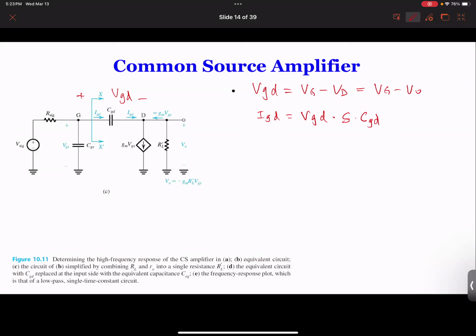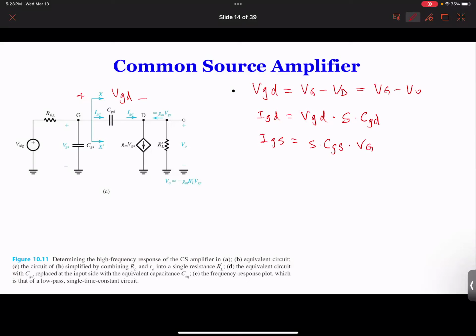And then the current on this branch, at the capacitor CGS, let's call it IGS, equals S times CGS times VG.